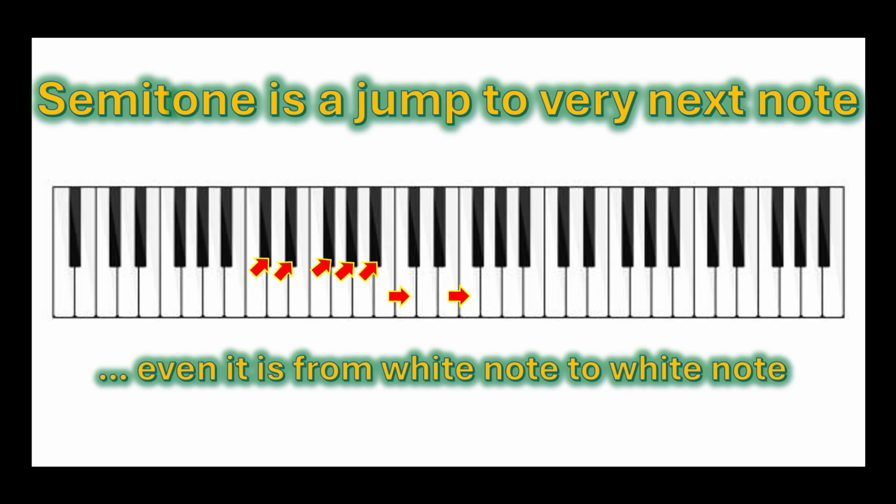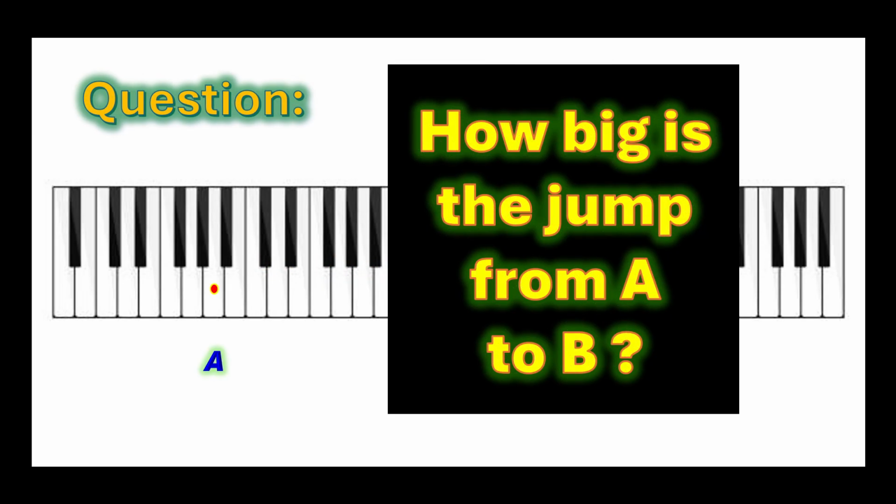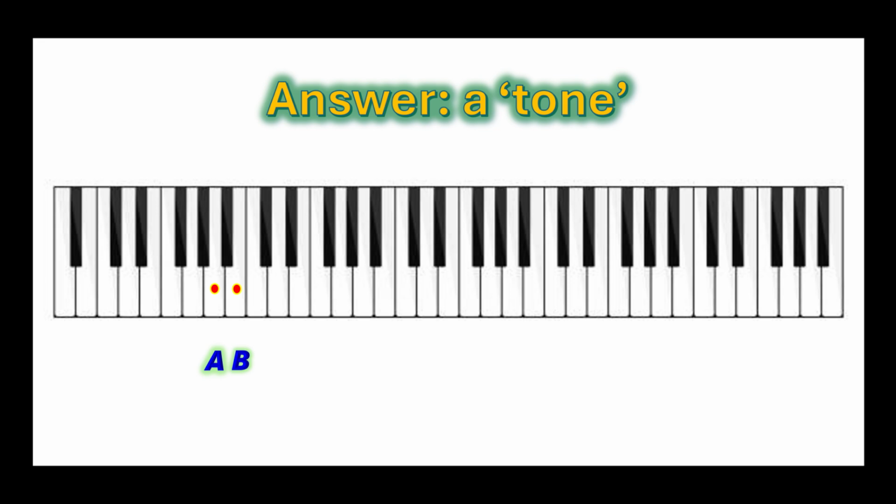Okay, you know what a semitone is now. What's the jump from A to B? It goes from A to A sharp is a semitone, from A sharp to B is another semitone. But there's a name for the jump from A to B. The answer is a tone. Two semitones make a tone.